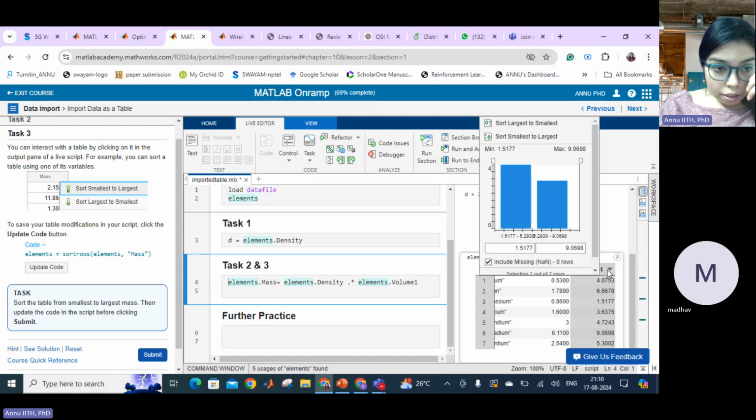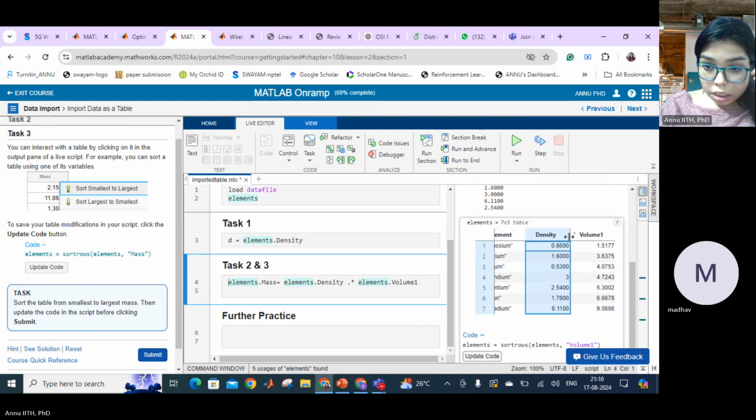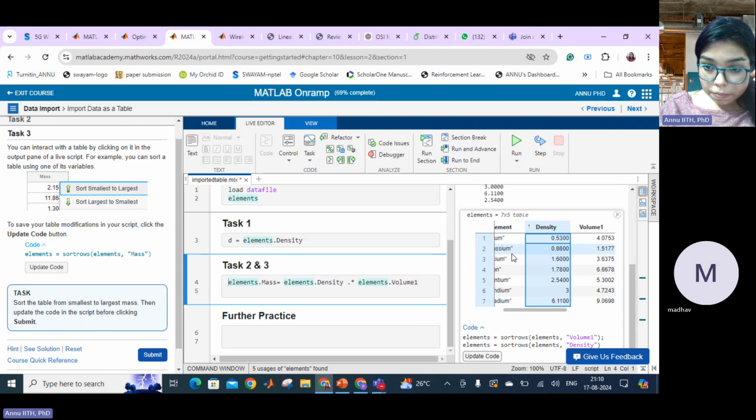It is showing sort from the smallest to the largest. Whole table I have to sort actually. Let's see this.